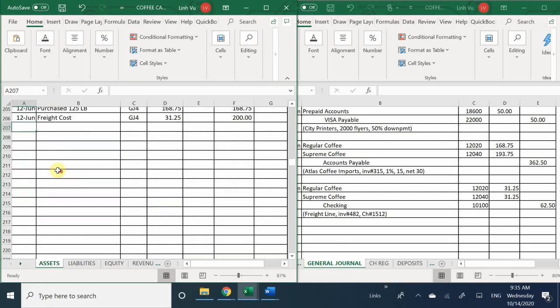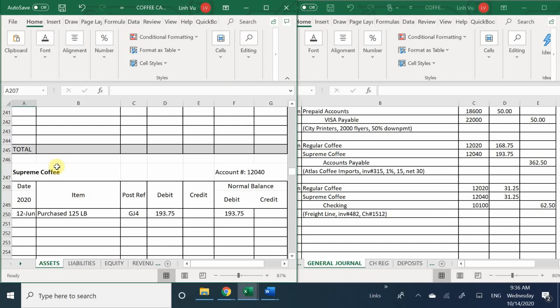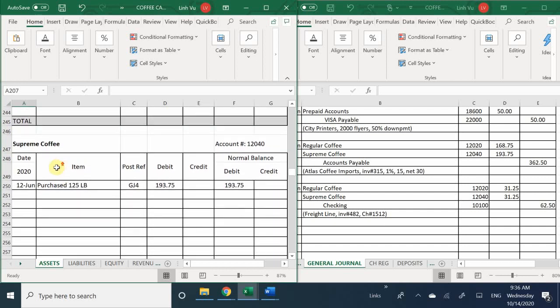And then I'm going to go to my Supreme Coffee. I'm also going to enter in freight cost, General Journal number 4, and we're going to add another $31.25 to my Supreme Coffee. Apply that same exact formula.